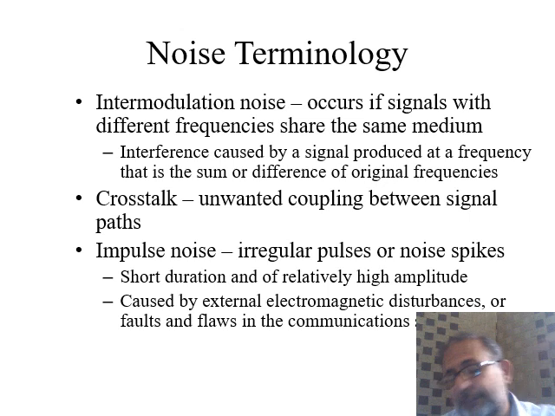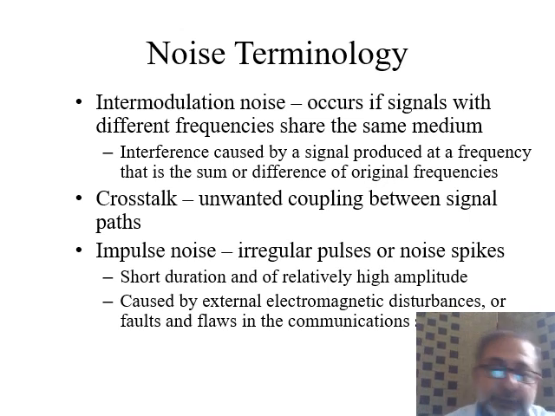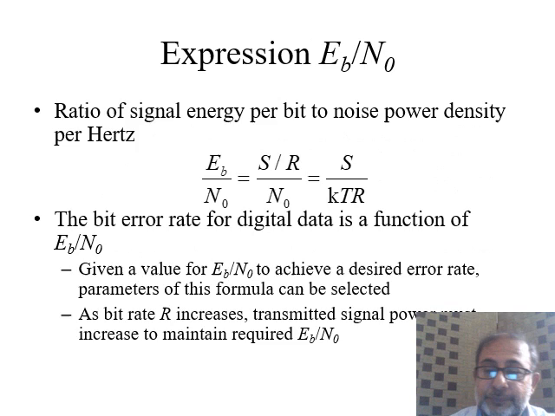Lastly, the fourth type of noise is the impulse noise, which is due to irregular pulses or noise spikes of short duration and relatively high amplitudes. These are caused by external electromagnetic disturbances or faults and flaws in communications.